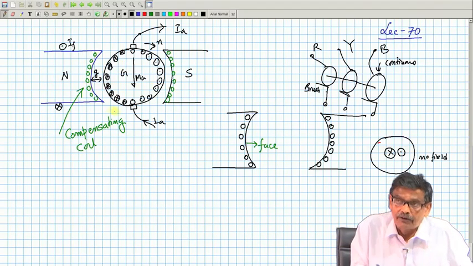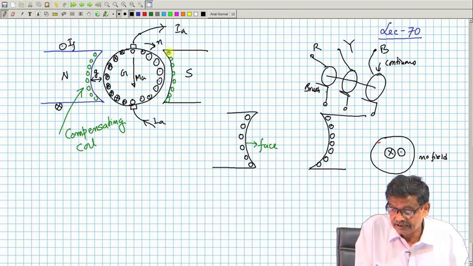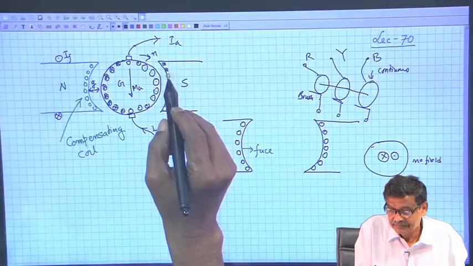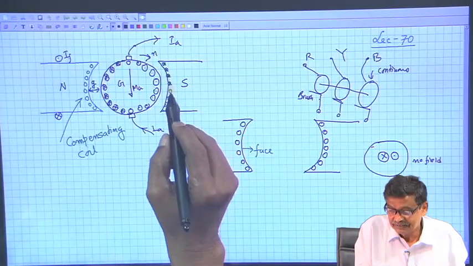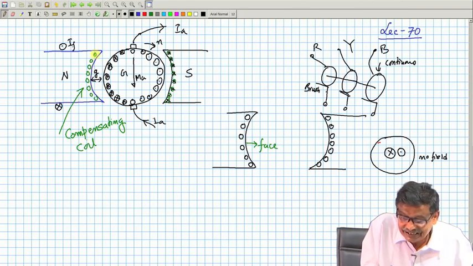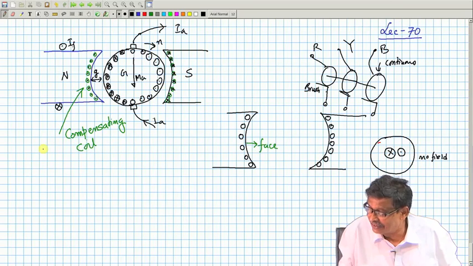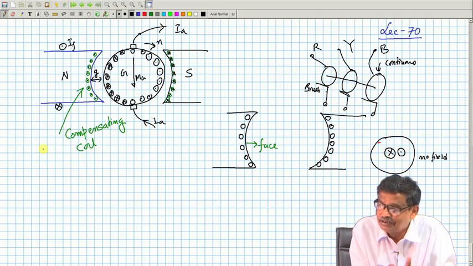And there is now another coil, which I will pass to nullify this MMF, currents in this direction. This is cross, and this side dot.